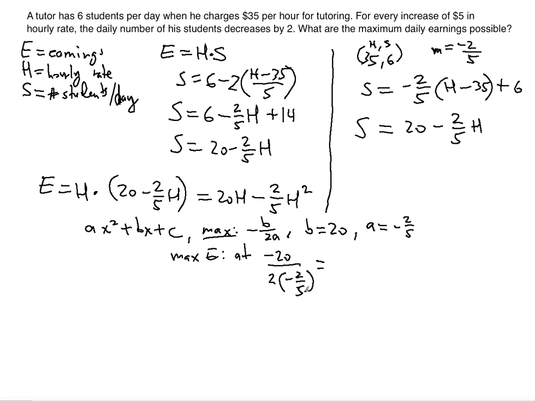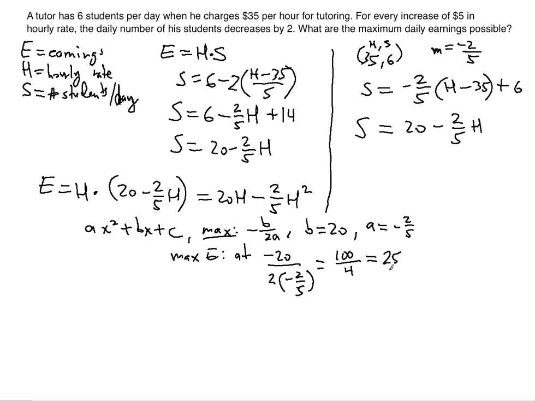So 20 will multiply the 5, and it will be 40 over 2 times 2 is 4. Wait, sorry, not 20 times 5 is 100. Sorry about that. I don't know why I thought of 2 instead of 5. Yeah, it should be 100, right, divided by 4, right, because 5 goes to 20 and then 2 goes to 2 is 4.